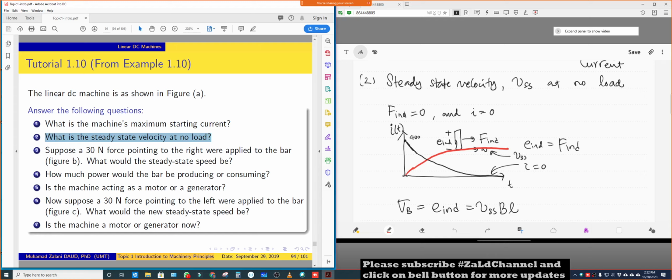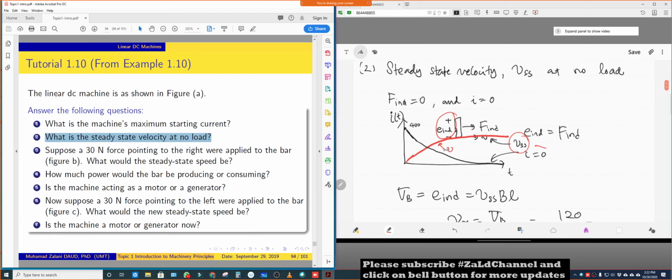Once the bar is moving, we can apply VBL, which is the voltage starting to induce across the bar because now we have V. So the voltage will start to induce, and we have V here until sometime it reaches the VSS.